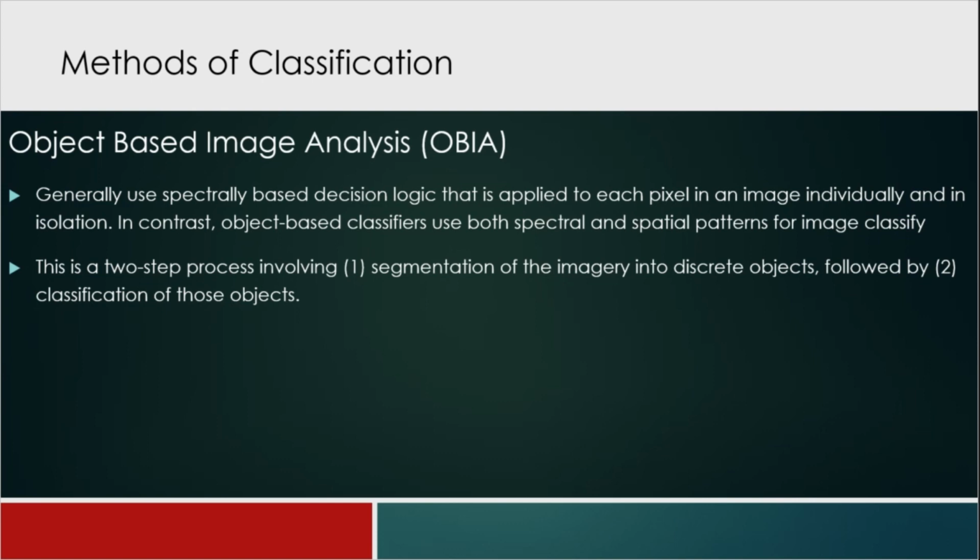This is a two-step process involving segmentation of the imagery into discrete objects, followed by classification of those objects. The basic assumption is that the image being classified is made up of relatively homogeneous patches that are larger in size than individual pixels. This approach is similar to human visual interpretation of digital images, which works at multiple scales simultaneously and uses color, shape, size, texture, pattern, and context information to group pixels into meaningful objects.